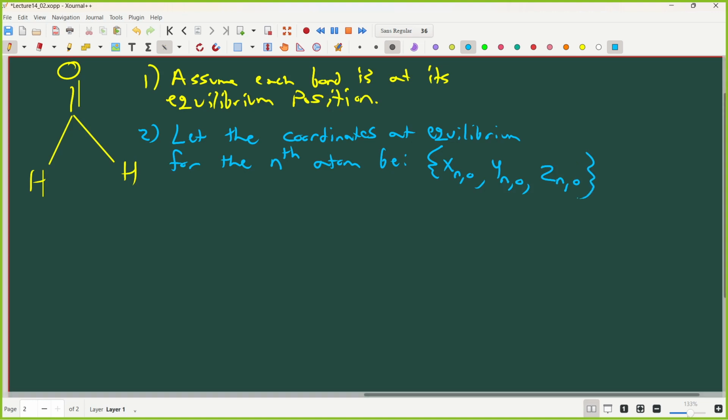Okay, so the n means it's the nth atom, and the 0 there just means that they're at equilibrium. You can call it E if you want. It doesn't matter. I'm just going to use 0. All right, so these are your equilibrium coordinates for each of your atoms.